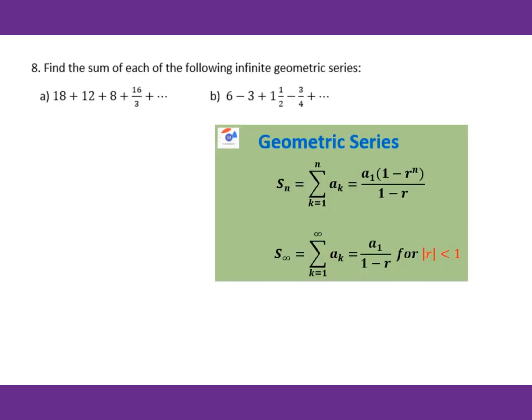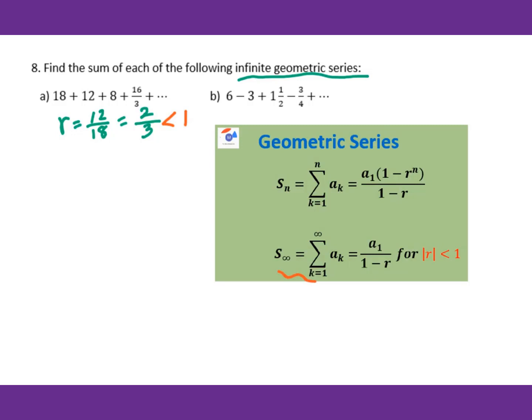Find the sum of each of the following infinite geometric series. For A, we check r equals 12 over 18. That is 2 over 3, less than 1.